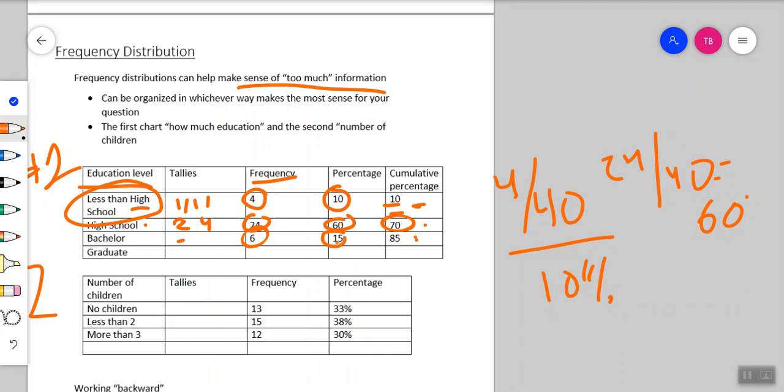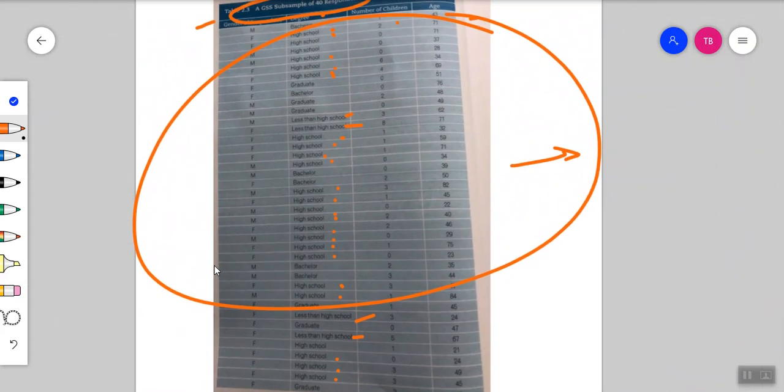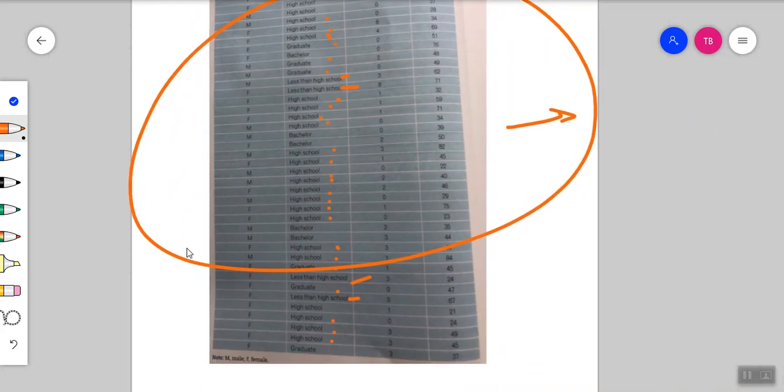So in this case, it is 15 plus 60 plus 10, which is 85%. And finally, the same thing, go to graduate level, let's go back and count that one out. So you're just looking for the people that said graduate here. 1, 2, 3, 4, 5, and one down here, 6.